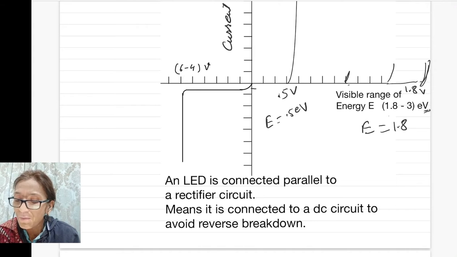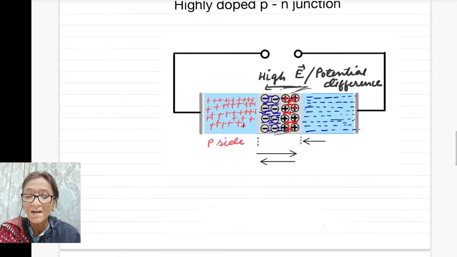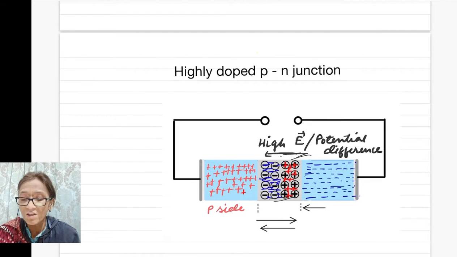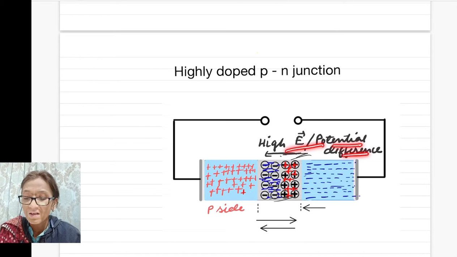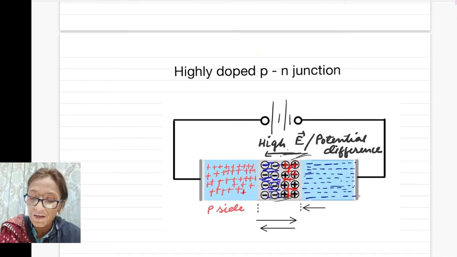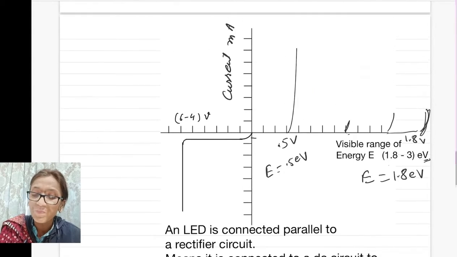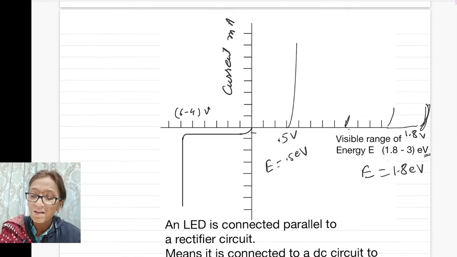So energy will be 1.8 electron volt. At such high potential difference, current starts flowing because it has countered the high inbuilt potential difference. When the external potential exactly counters the internal one, only then will the current start flowing.